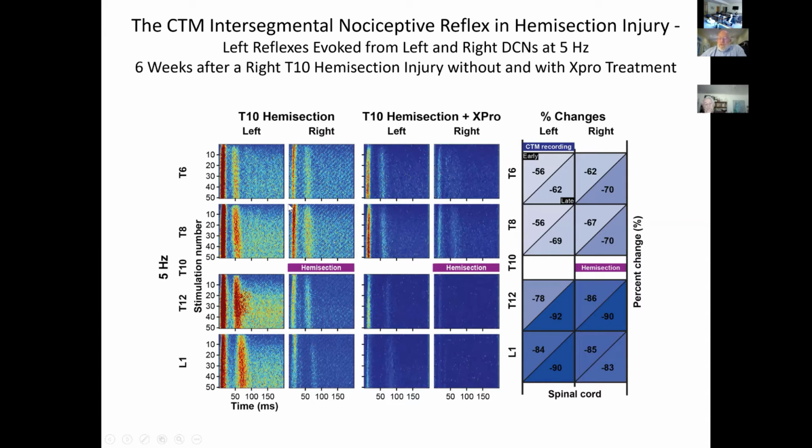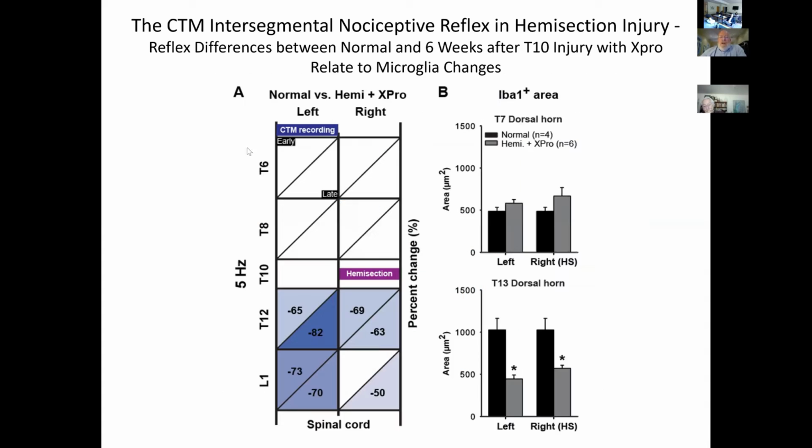These are the decreases over here relative to the injury alone situation. So if we compare the non-injured to the injured plus treatment, above the level of injury, basically we're back to normal, and the microglia numbers have gone back down to normal as well. So if you control the microglia, you get normalization of the reflex.